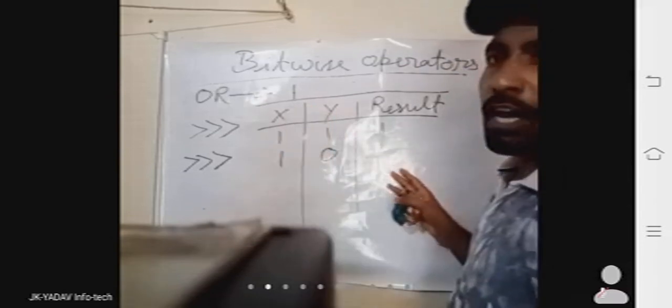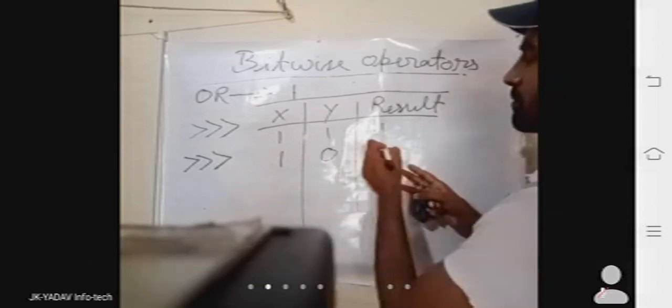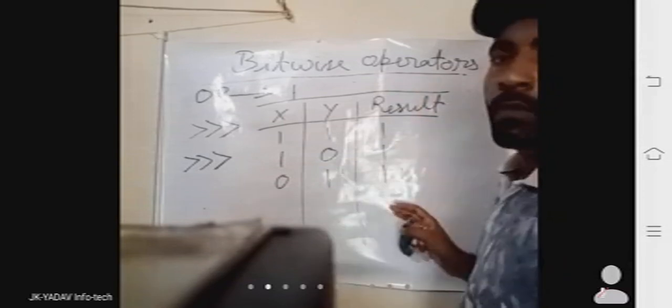Now if we give 1 and 0, then also the result will be 1. Now if we give 0 and 1, then also the result will be 1. Now if we give 0 and 0, then the result will be 0.